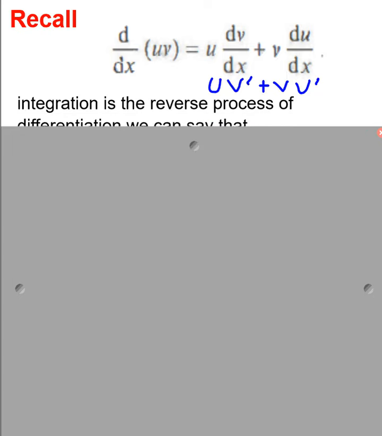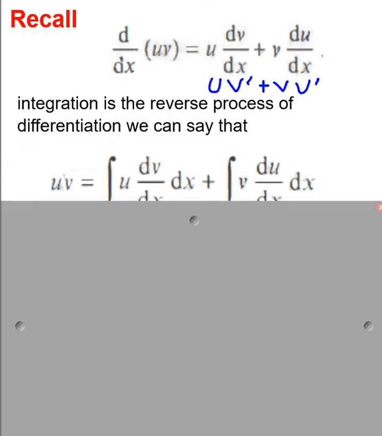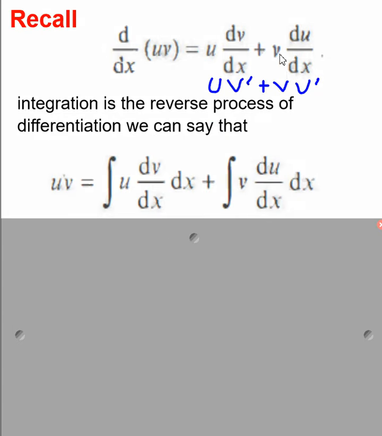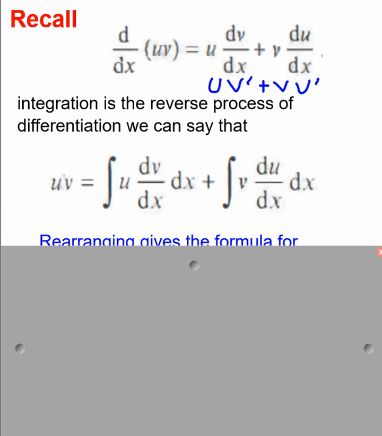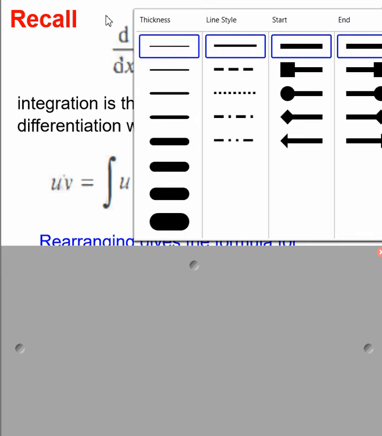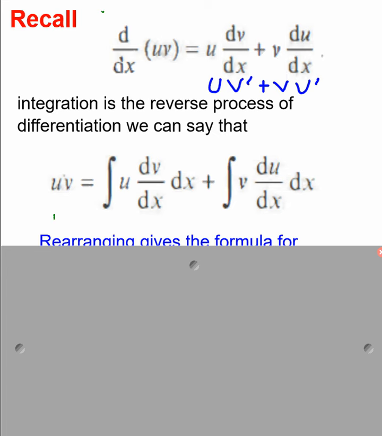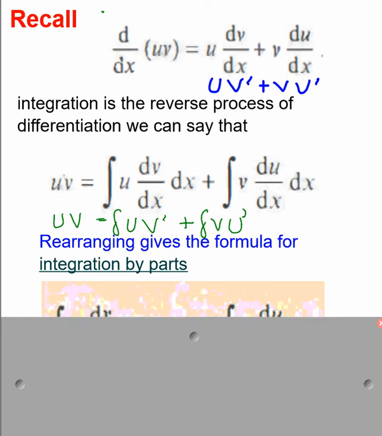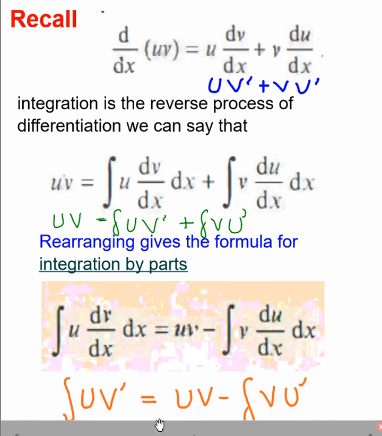Because integration is the reverse process of differentiation, if we integrate all of them, this will become uv, and this is uv prime plus vu prime. So it is actually uv equals uv prime plus the integration of vu prime. So we have gotten this as a reverse process, and if we rearrange it, it will become this.